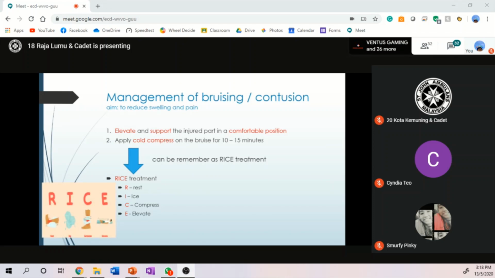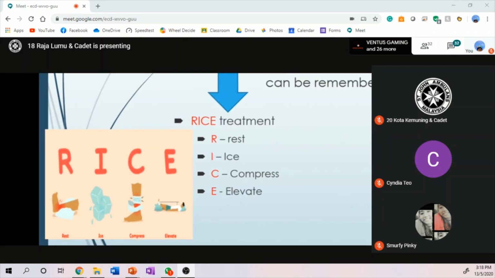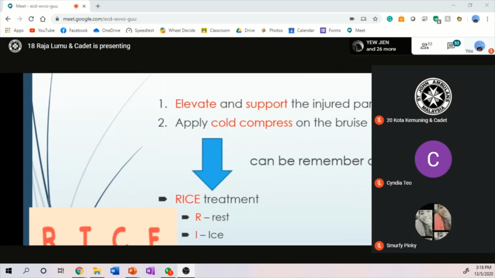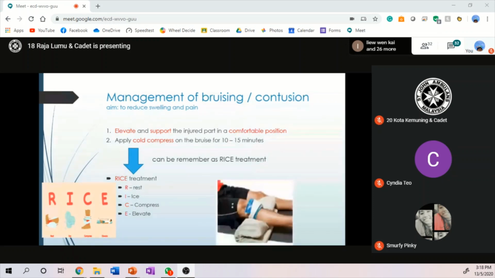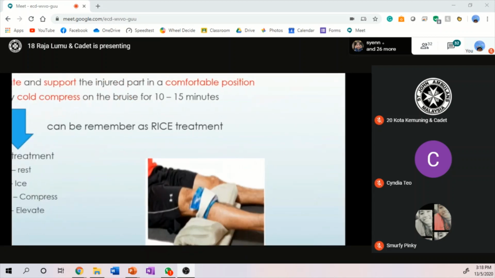Here you can all see: rest, put in a comfortable position. Then bring ice. Then compress. Then elevate, like this. This is for the example. You all can see it.